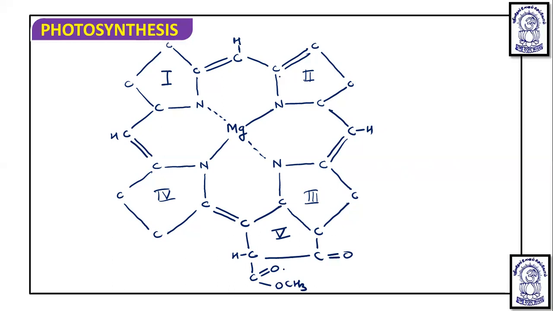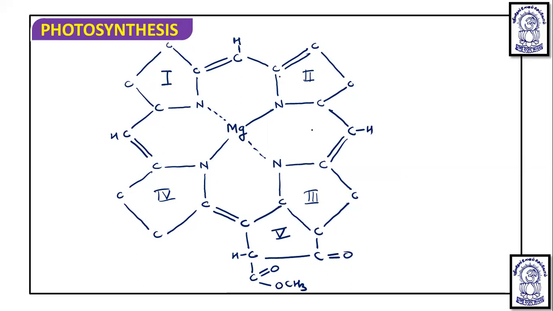Now here, dear student, this is the first pyrrole ring, second, third and fourth pyrrole ring, and this is the fifth pentacyclic ring. Now first we have to make the valency clear here, and this is the whole porphyrin head.